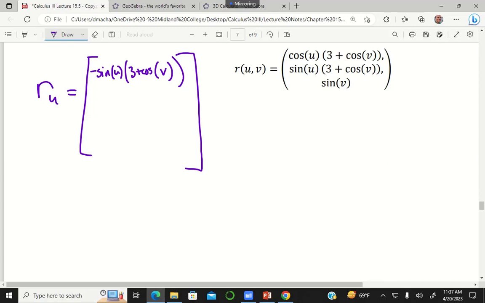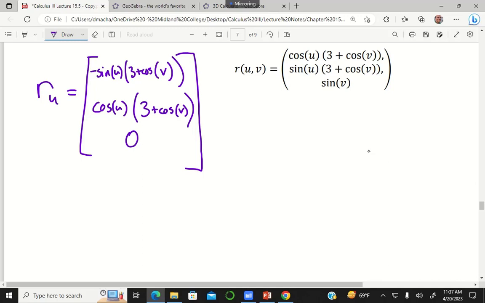And then the partial derivative of y with respect to u is going to be cosine of u times 3 plus cosine v. And then the partial derivative of z with respect to u is going to be 0.